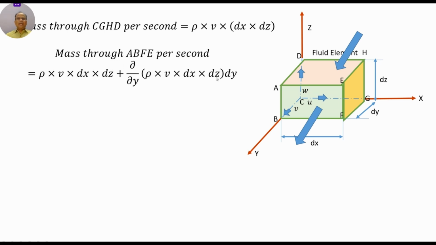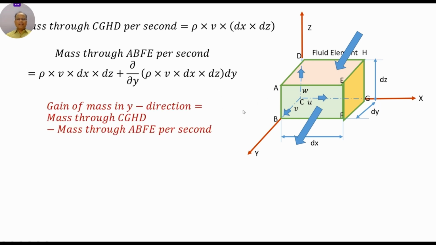Now the mass through ABFE per second: from here the mass is going out. So that would be mass in plus the rate of change of mass in the y direction. So the final equation will be rho into v into dx into dz plus dou upon dou y rho into v into dx into dz into dy.